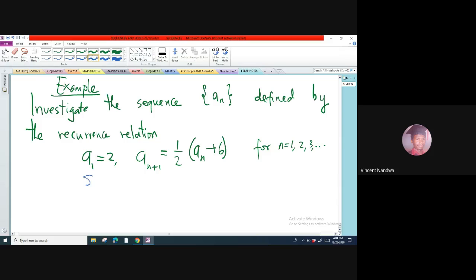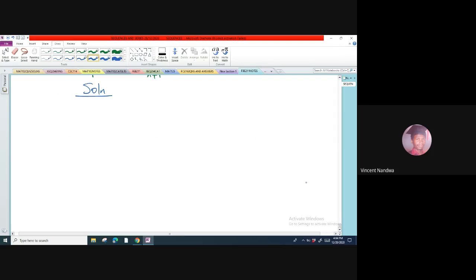So the solution: we begin by computing the first few terms. A1 is given as 2.